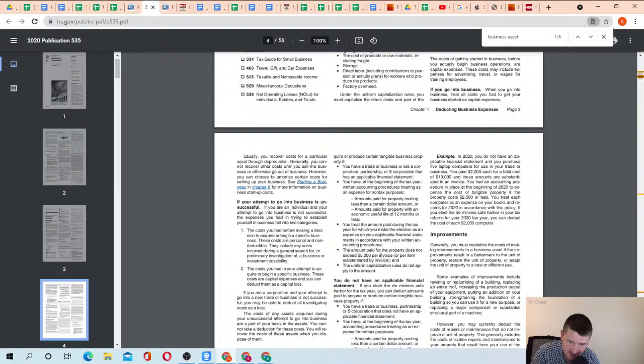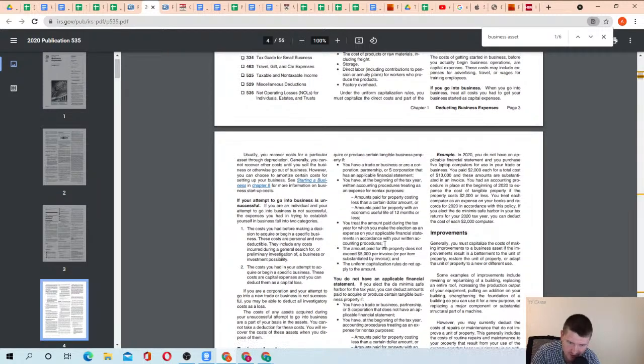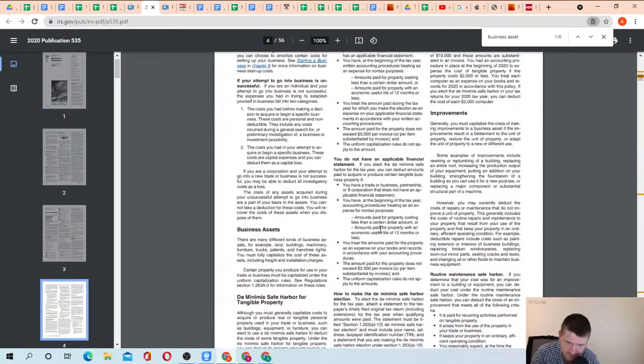Your payment doesn't exceed $5,000 per invoice. If you do not have an applicable financial statement, you still have to treat the property as an expense, but you have $2,500 as a rule.